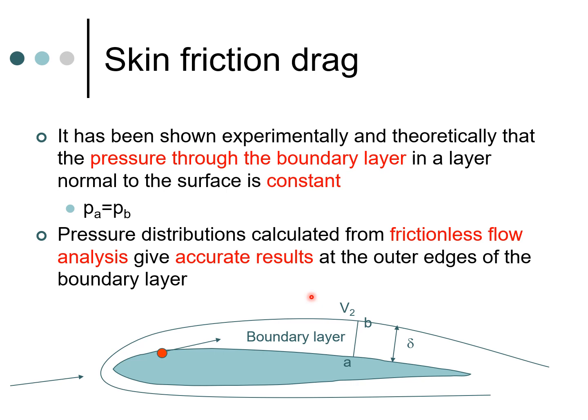So pressure distributions calculated from frictionless flow give accurate results at the outer edges of the boundary layer. So essentially we can use some of the equations we derived in the previous lecture if we are looking at the flow velocity at the outer edges of the boundary layer, that is at this point where this V2 is there on the surface of this boundary layer here.